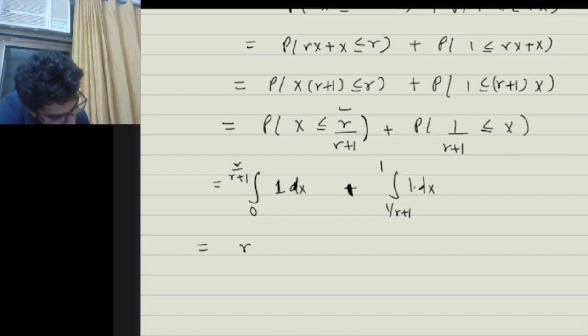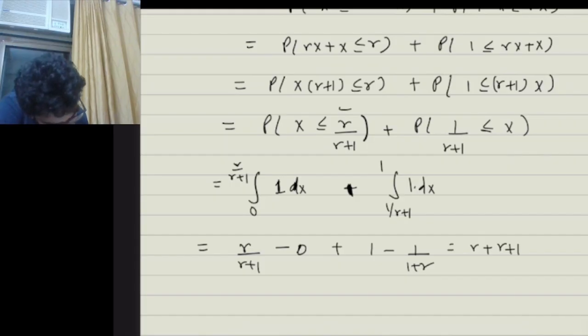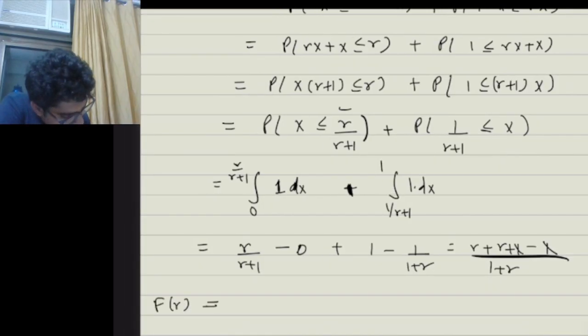This would give me r upon r plus 1 minus 0 plus 1 minus 1 upon r plus 1. And this gives me r plus 1 minus 1 upon 1 plus r, and 1 gets cancelled. Finally, what I've gotten is F of R, which is the probability of R less than or equal to r, equal to 2r upon 1 plus r.